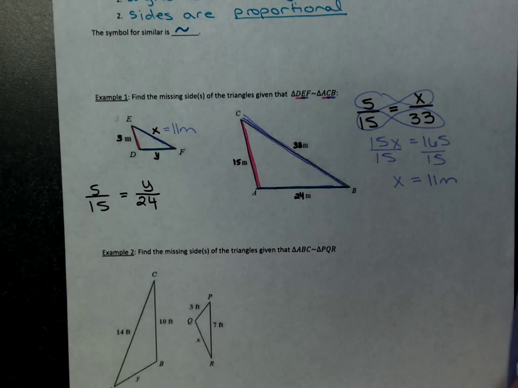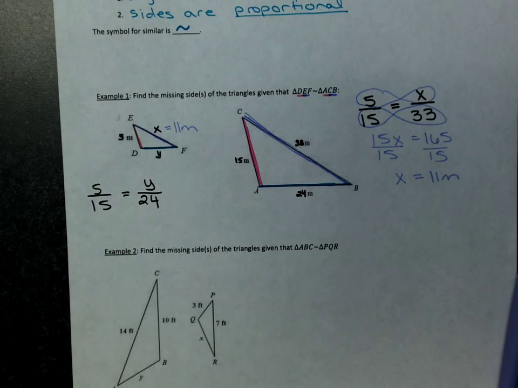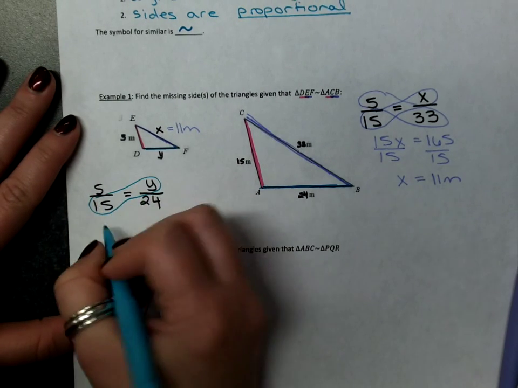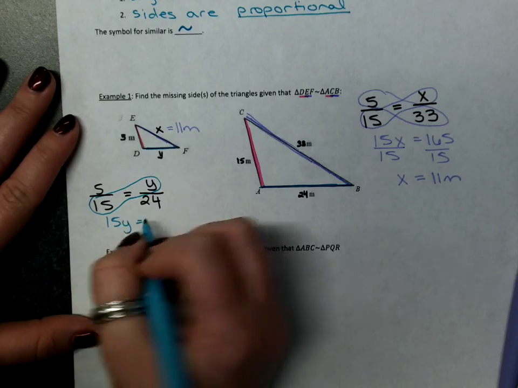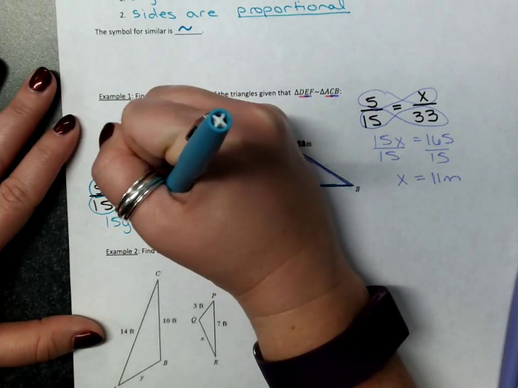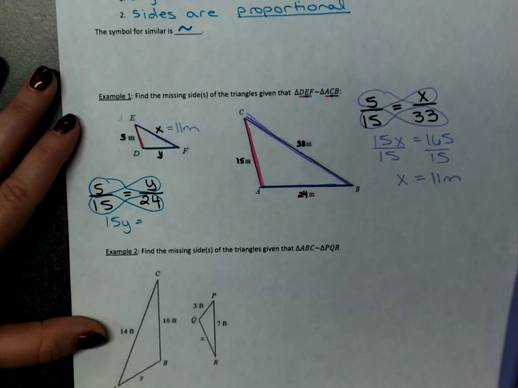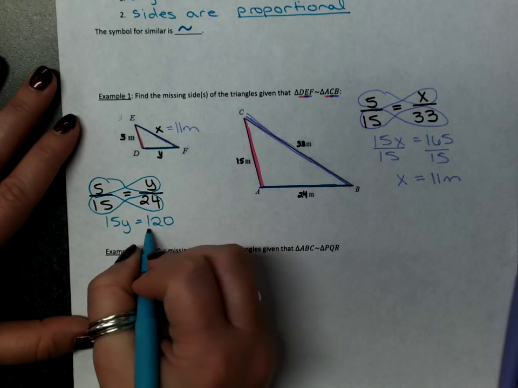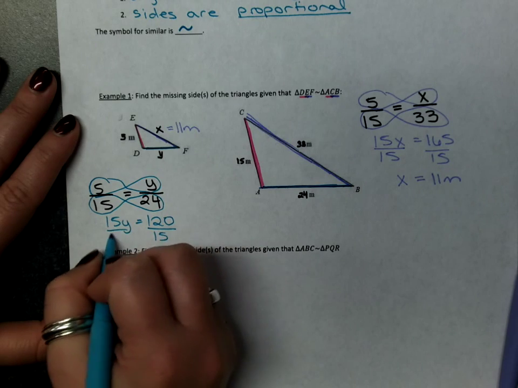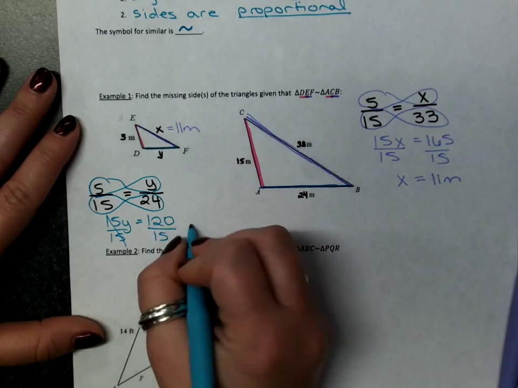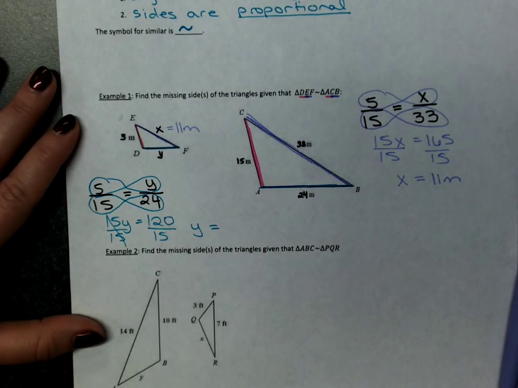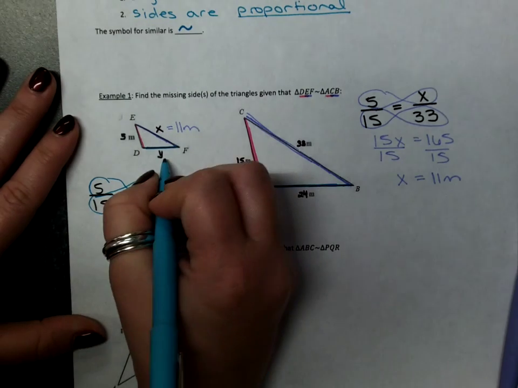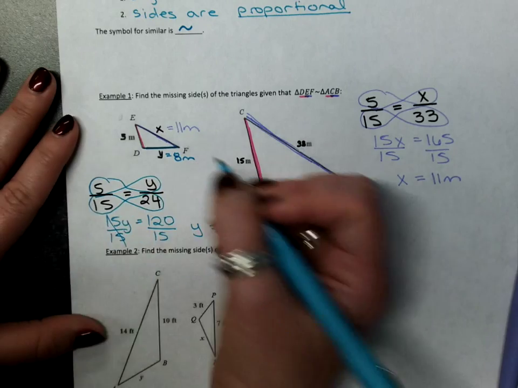Again, I cross multiply: 15 times Y equals 5 times 24, which is 120. Divide by 15, and the missing side Y is 8 meters.